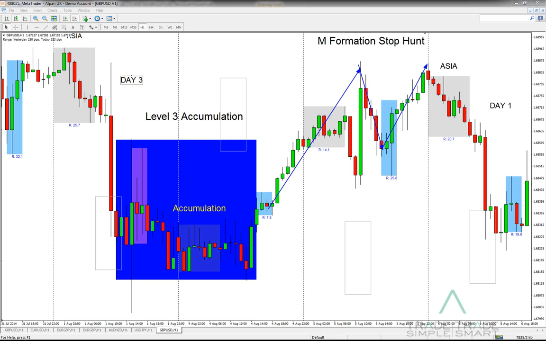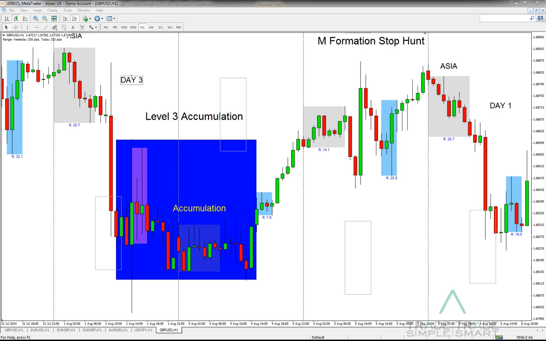This again induces buyers into the market, because as the market begins to rise here, most retail traders are going to believe that the market is in a bull trend, and the influx of buying allows smart money to sell into this buying pressure, absorb the orders, and then move to the next phase of the trend.